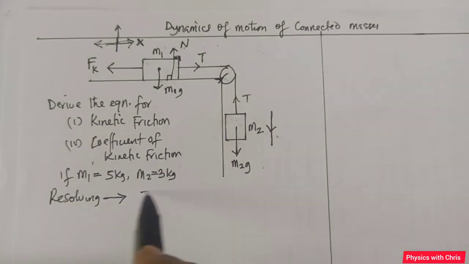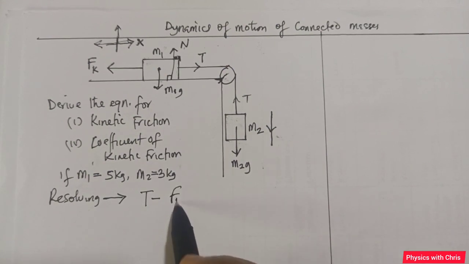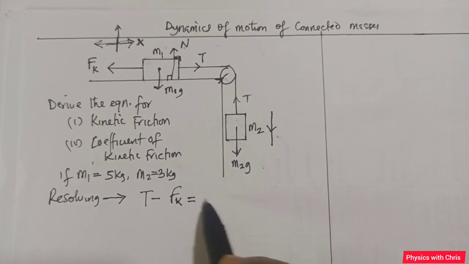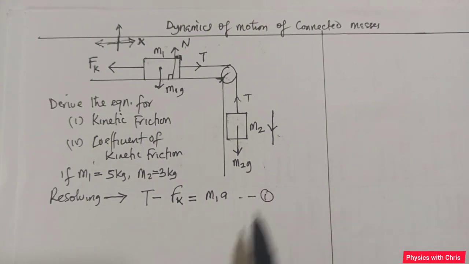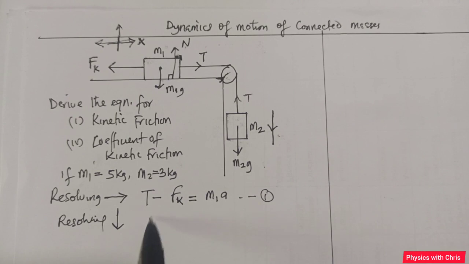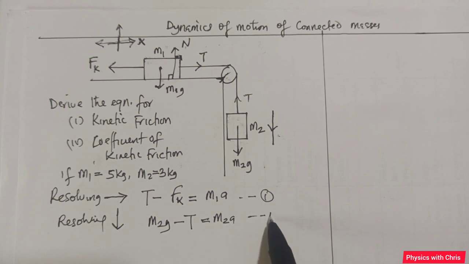So T minus Fk is equal to M1a. I call this equation 1. Then resolving vertically, I have M2g minus T is equal to M2a. I call this equation 2.